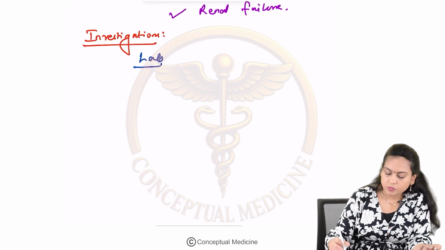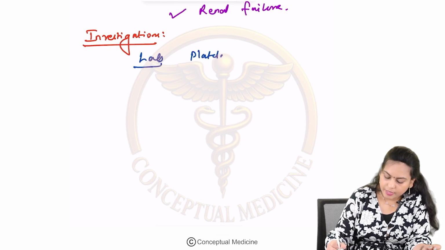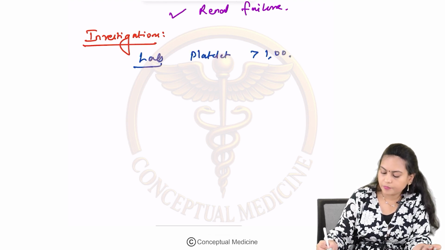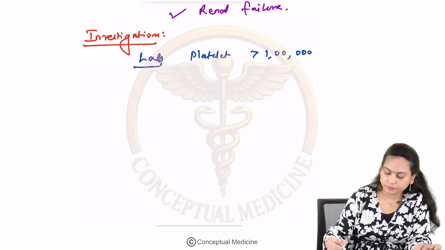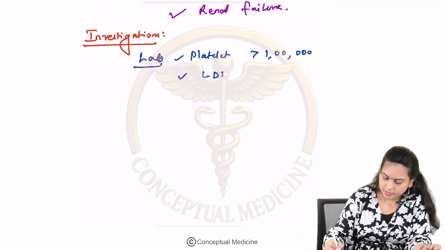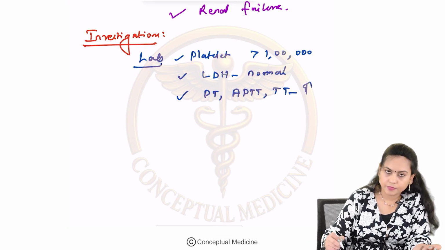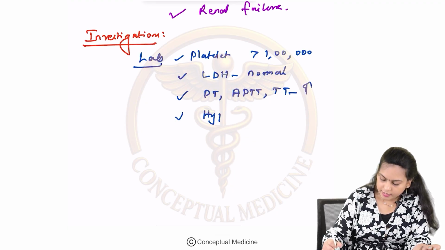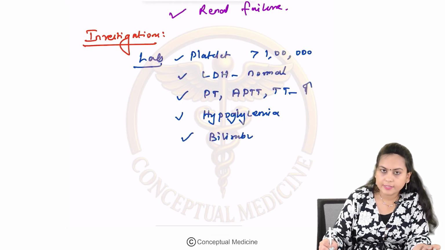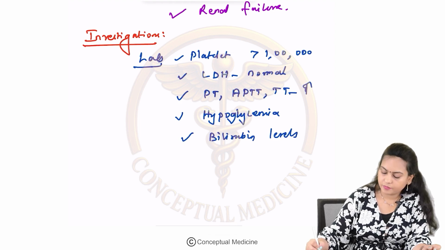If you take the lab count, usually the platelet counts are more than 1 lakh, and the LDH levels are normal. Sometimes PT, APTT and TT can be increased. There is hypoglycemia as we have already seen, and the bilirubin levels can be elevated.